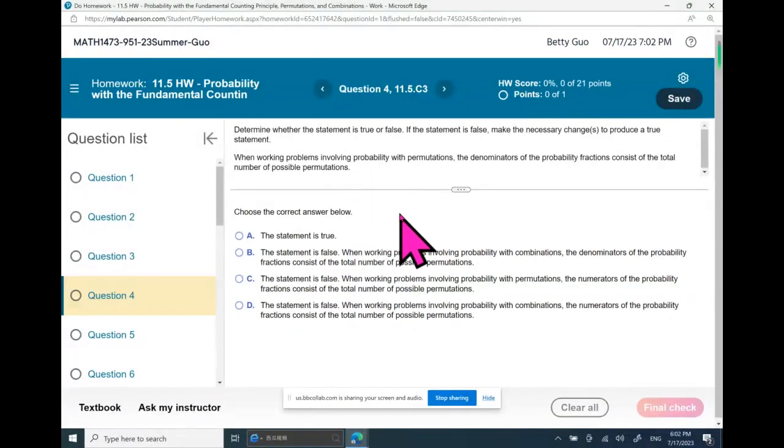If the probability problem involves permutation, then the problem is a theoretical model. In a theoretical model or classical model, the denominator is the total number of possible outcomes in the sample space, and it's going to be the total number of permutations, the total number of ordered arrangements of those items. So this is correct.